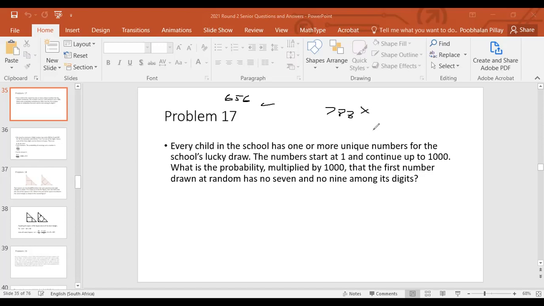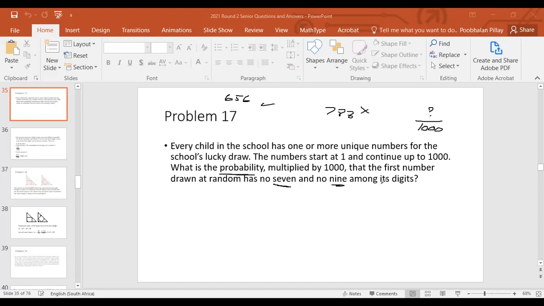So we take out all those numbers from 1 to 1,000 which have either a 7 or a 9. We remove those numbers, and then we ask how many such numbers are there. The total number of possible numbers is 1,000. So we count whatever we've got, put it over 1,000, and that will be the probability.